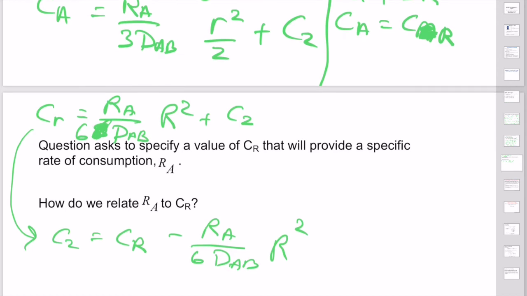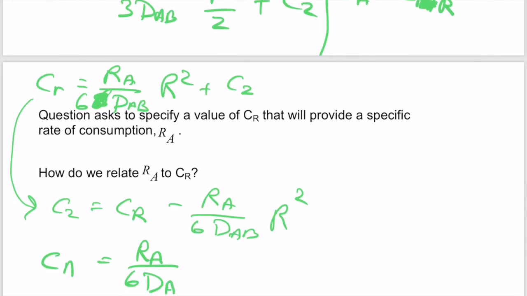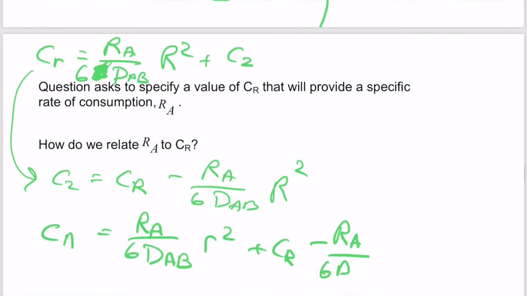CA is equal to RA over 6 DAB little r squared plus CR minus RA over 6 DAB capital R squared.